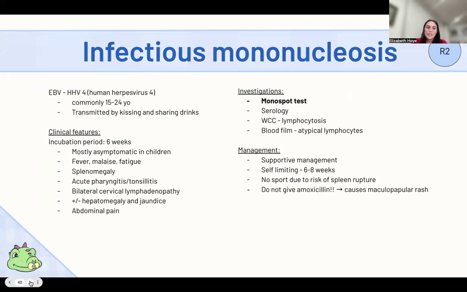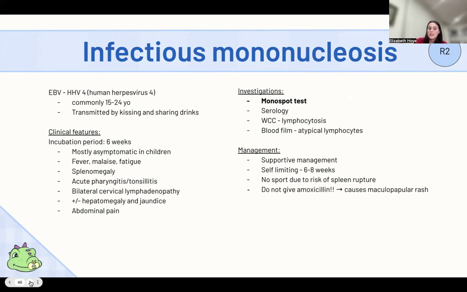Infectious mononucleosis is EBV or the kissing virus, and it's more common in older teenagers or young adults and transmitted by kissing or sharing drinks. The clinical features, it's actually quite debilitating. So if someone's really unwell for a long time, you might think about EBV. There's an incubation period of 6 weeks.